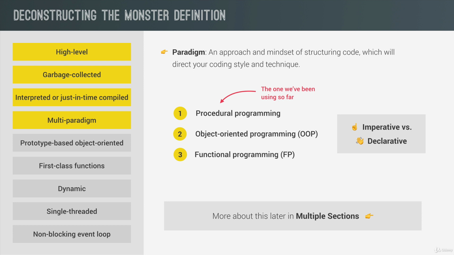But again, more on that later. Now, many languages are only procedural or only object-oriented or only functional. But JavaScript does all of it. So it's really flexible and versatile, and so we can do really whatever we want with it. It's our choice. We can use whatever paradigm we want. And in this course, I will show you how to use all of them.